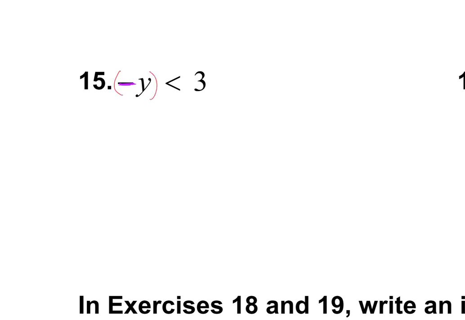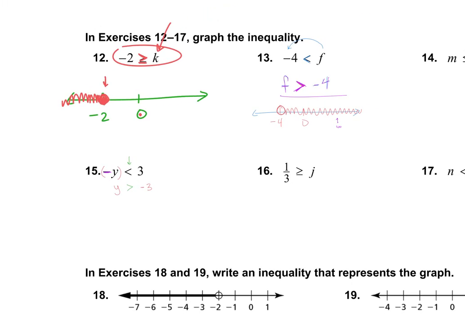So, I mean, you could divide by -1, or you could multiply by -1, or you could just in your mind say, I need to flip all the symbols, and so it's y and now -3. But here is the kicker. When you multiply or divide by a negative, this symbol flips around, okay? And I think because of our 2 graphs so far, I'm not going to graph that one for you. I think you can do it.